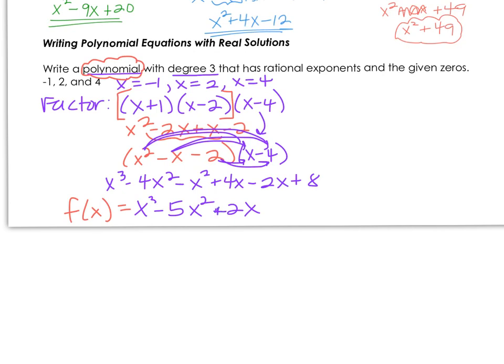It's a plus right there. And then plus 8 as our constant at the end. So look at that, everybody. We created a cubic polynomial that would cross the x-axis at negative 1, 2, and 4. And that's going to end our lesson for today. We'll finish the rest of the problems, or the rest of the notes, in class.